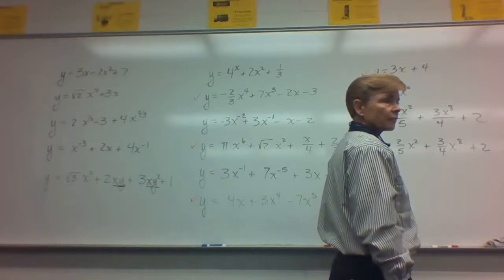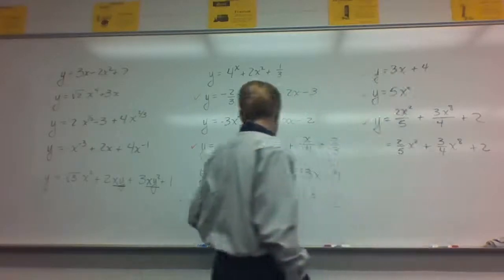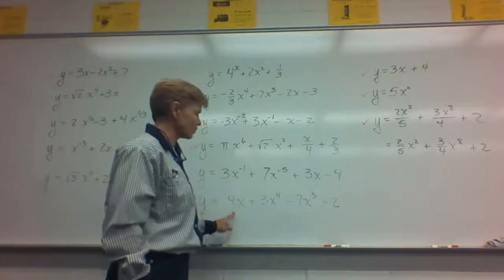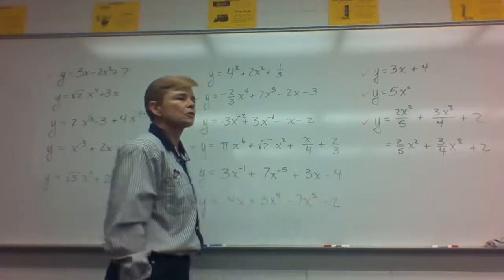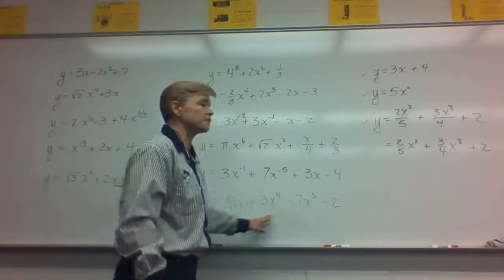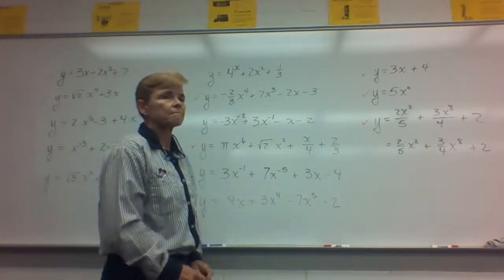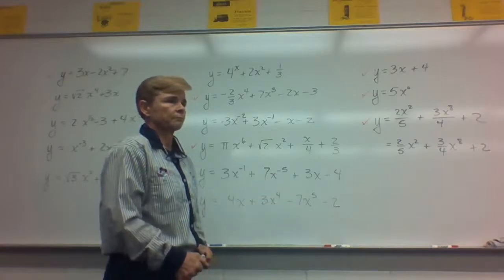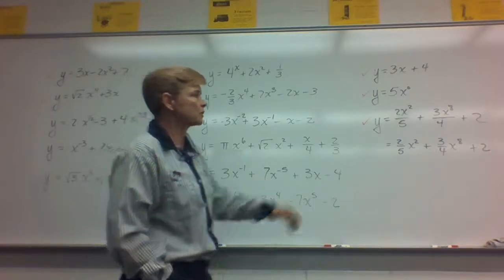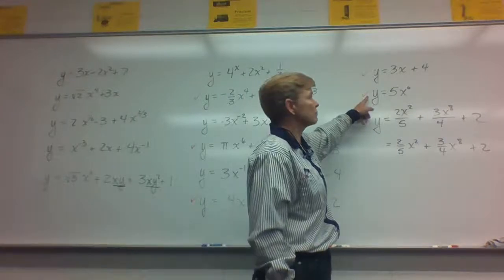Everyone except that bottom one in the middle. Right here? Yeah. It's of degree 5 because of all the terms, the highest power that occurs determines the degree of the entire polynomial if they're out of order. The highest power determines the degree. Okay? So this is a degree 0 polynomial. See that? This is a degree 1.